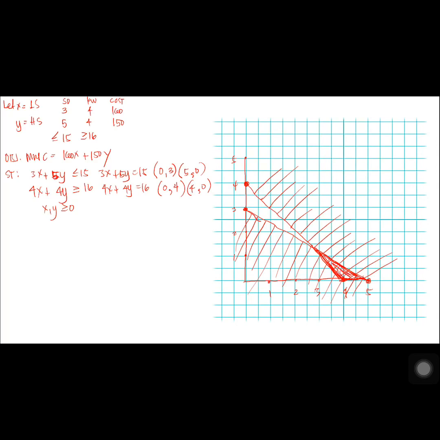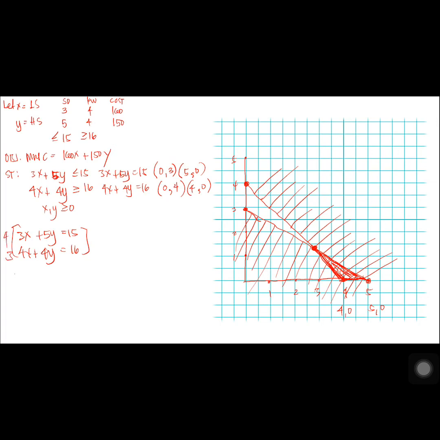So what are the vertices? We have 4, 0, 5, 0, and what about this point? Again, let's compute for that. We have 3x plus 5y is equal to 15 and 4x plus 4y is equal to 16. Let's eliminate x.